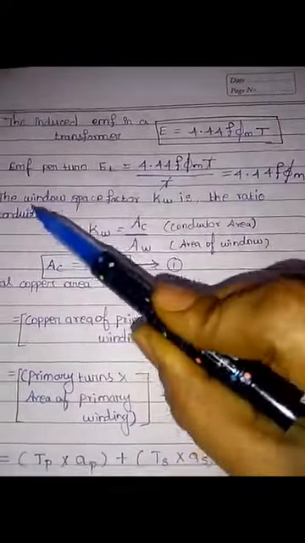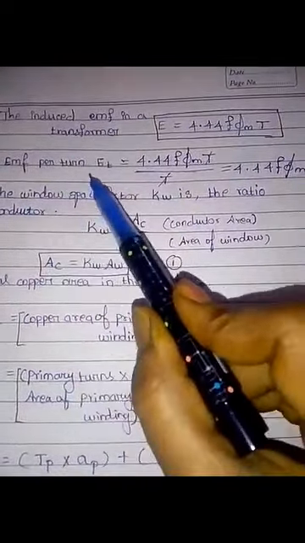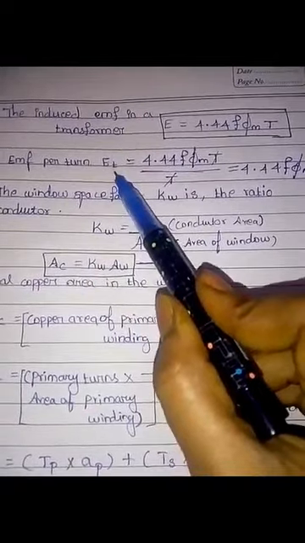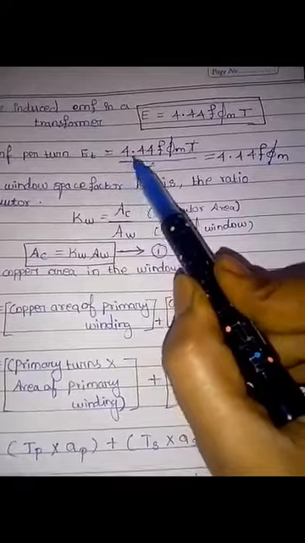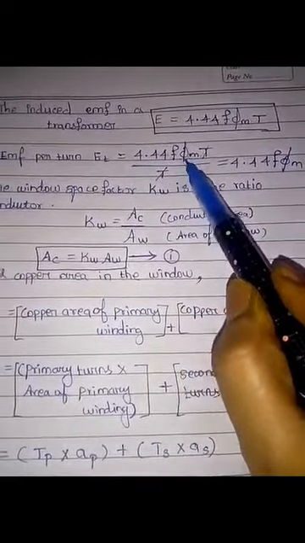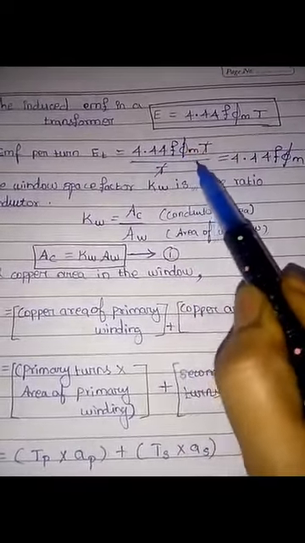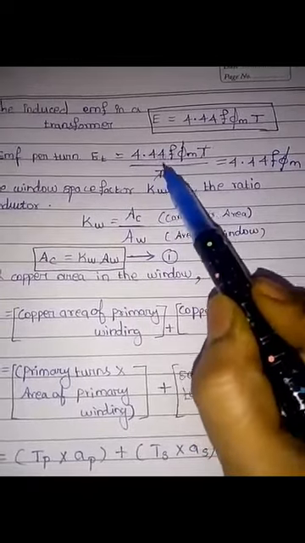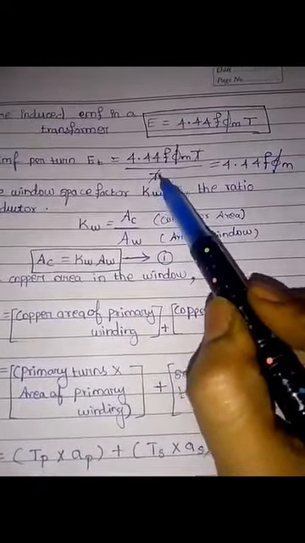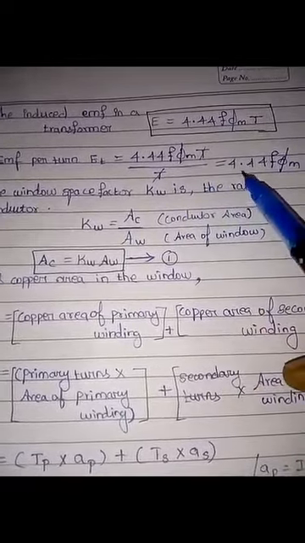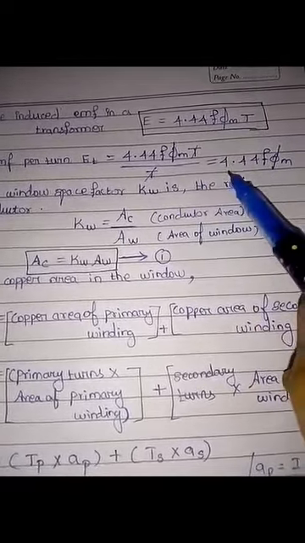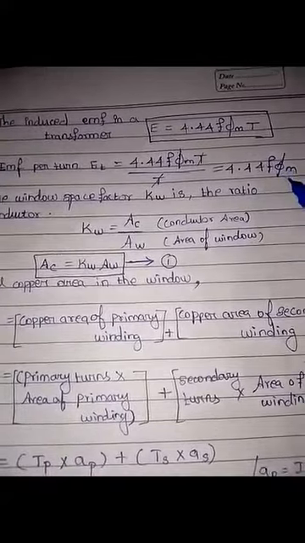Then the EMF per turn, ET, is equal to 4.44 f phi m T divided by the number of turns. The T gets cancelled and we get the equation ET equals 4.44 f phi m.